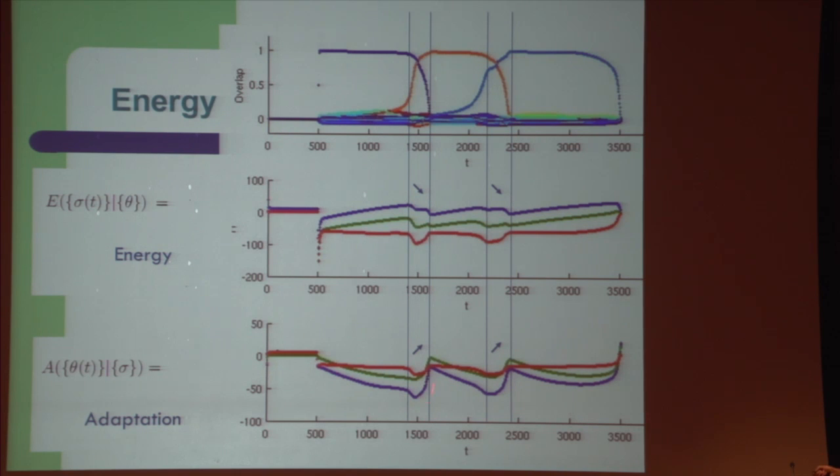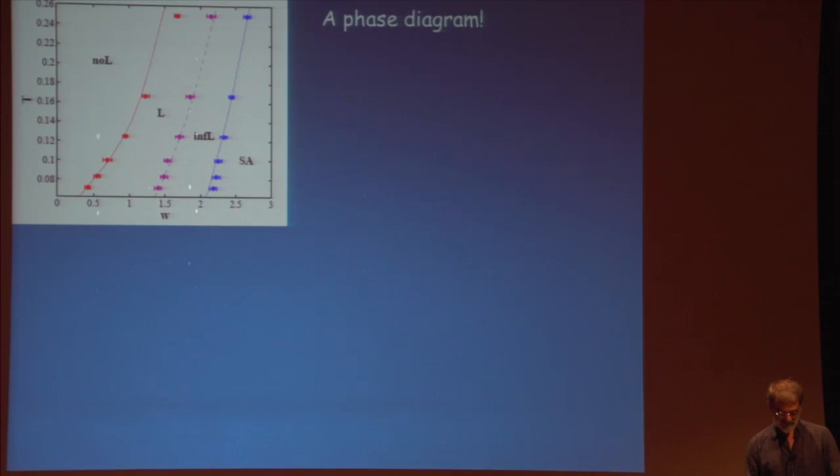You can look just at the blue curves. And during the long periods, the energy catches up again, and the adaptation instead slowly decreases. So this seesaw dynamics offers, in the limit of separation of timescales, a way to describe analytically this latching process.